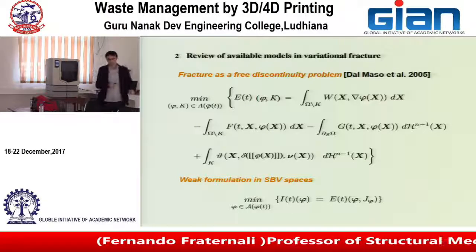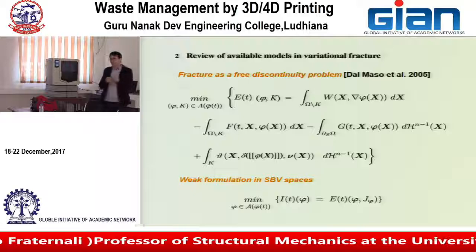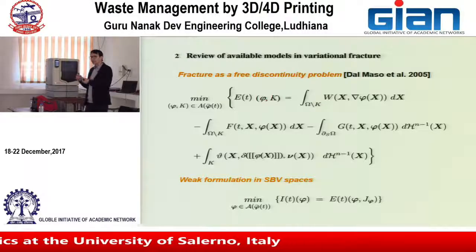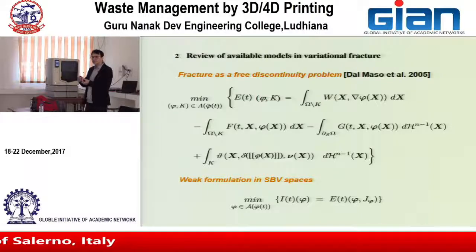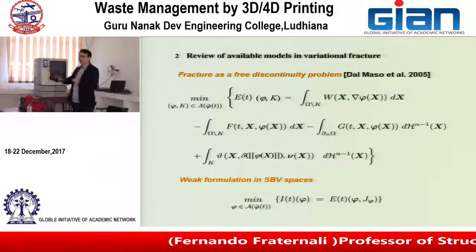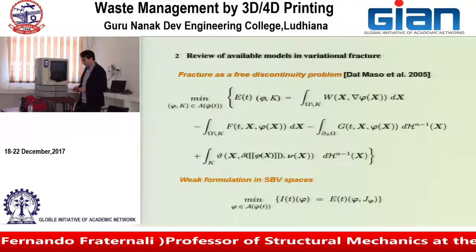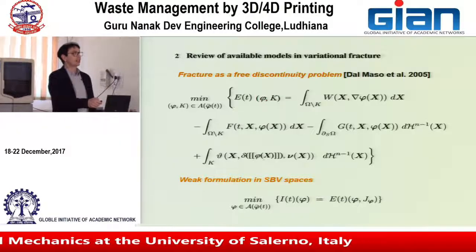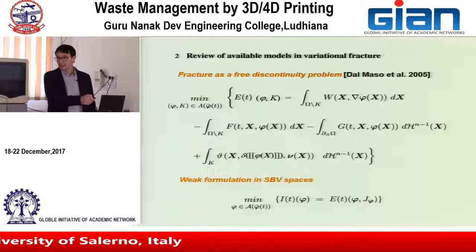So this term is related to energy density. The energy density is referred to the unit surface of the crack, or per unit length of the crack if we are in a 2D problem. So this is the energy density per unit volume, the elastic energy density.